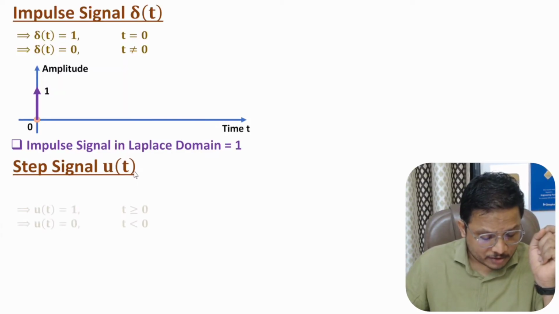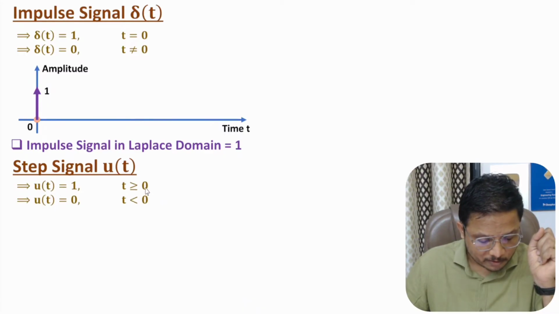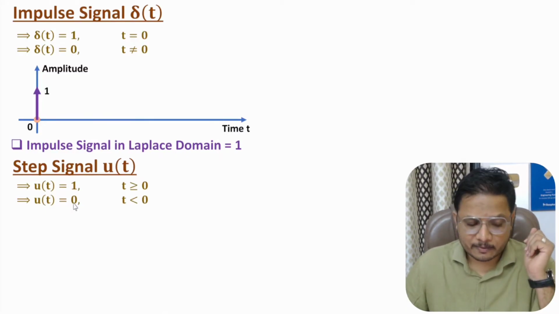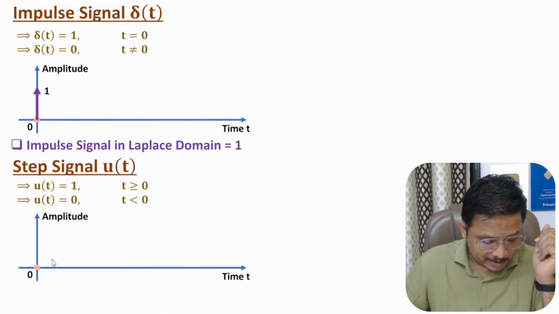If you observe the function, then u of t is 1 for t greater than or equal to 0, and for t less than 0, the step signal has 0 value. Let me show it to you graphically. Graphically, the horizontal axis is time and the vertical axis is amplitude.